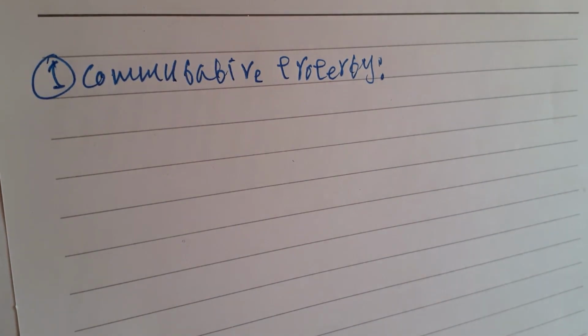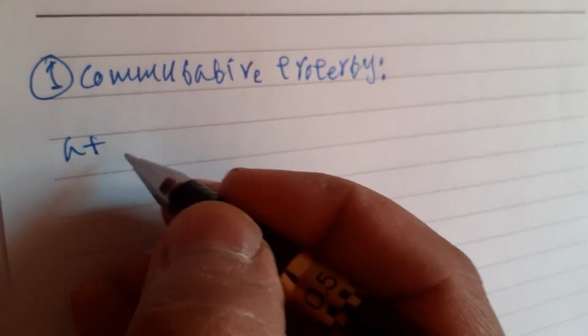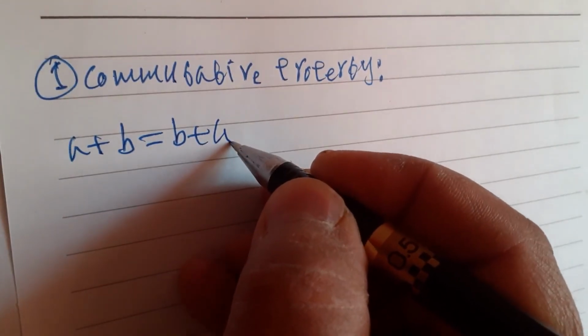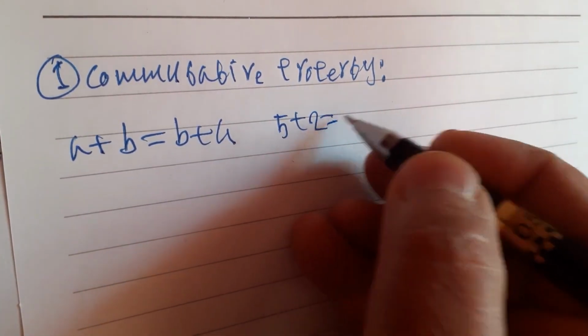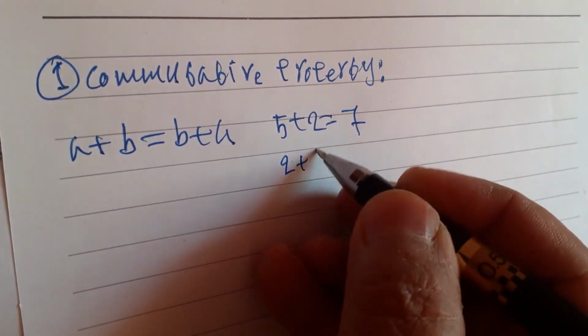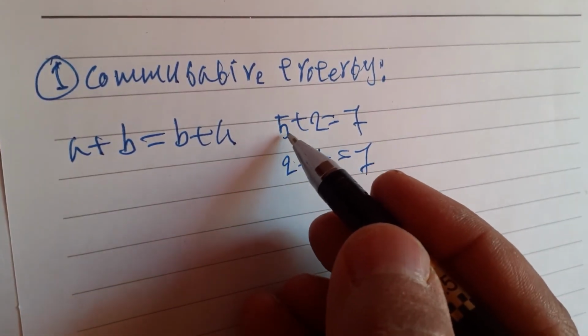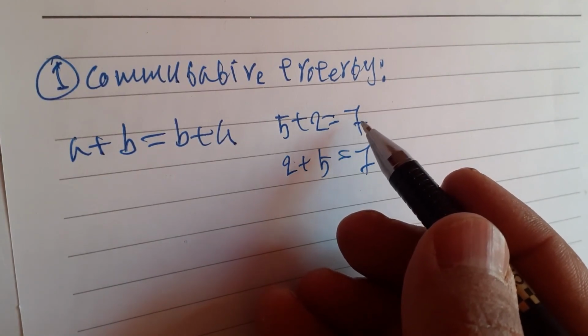The commutative property of addition means that changing the order of numbers does not change the sum. A plus B equals B plus A. For example, 5 plus 2 equals 7 and 2 plus 5 equals 7. We change the order of the numbers and it doesn't change the result.